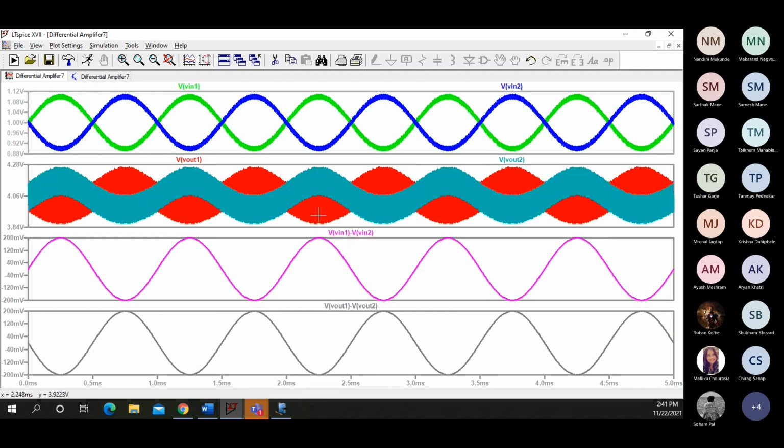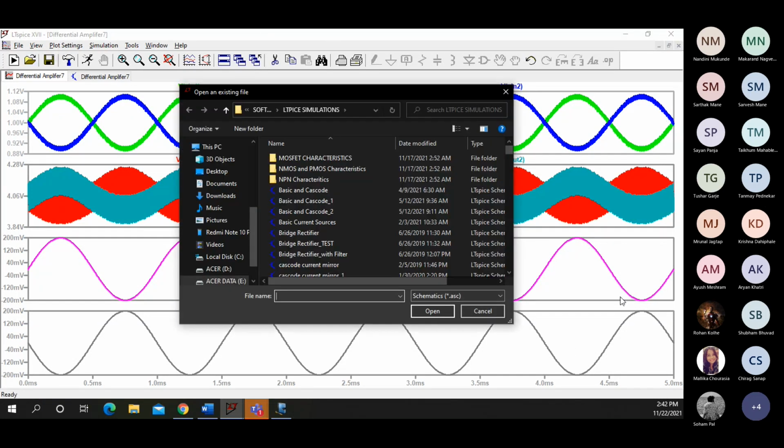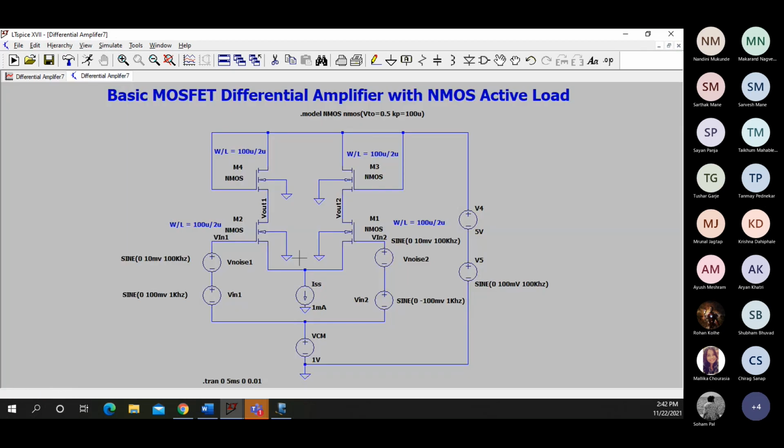That's also possible. Yeah. So here you can see that the PMOS loads will give a much higher gain than the NMOS ones. That is the moral of the story here. So either you can have a PMOS load or an NMOS load.